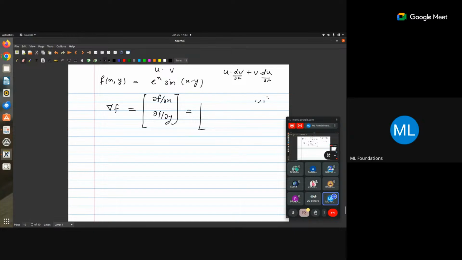I'll write it down here: u is e to the power x and v is sine of x minus y. Using the above formula, it will be e to the power x cos of x minus y times 1, plus e to the power x sine of x minus y.